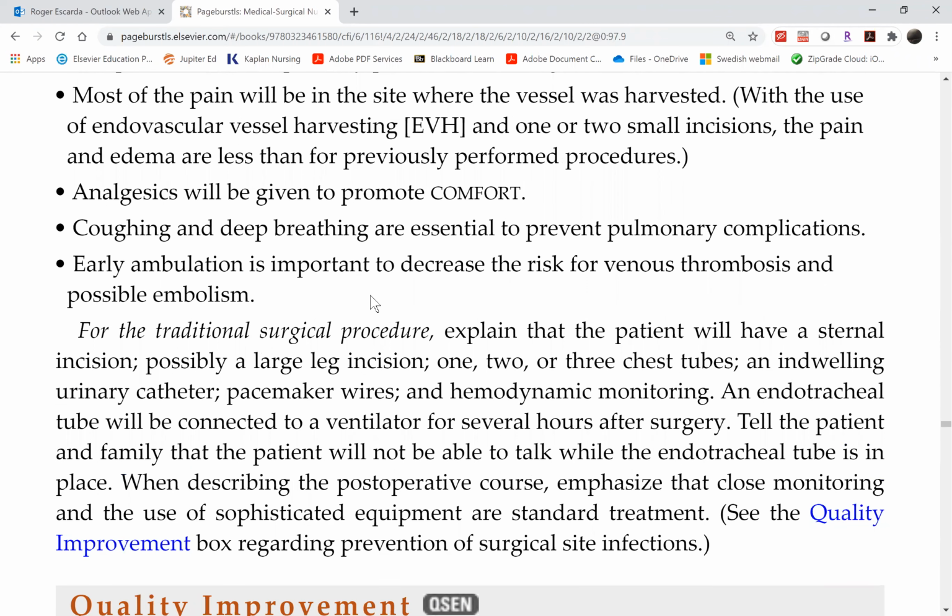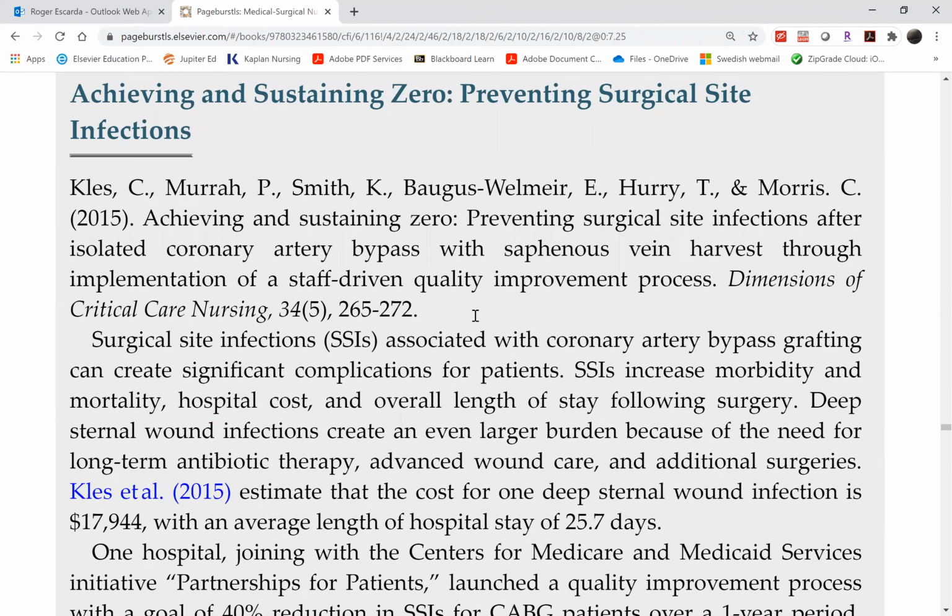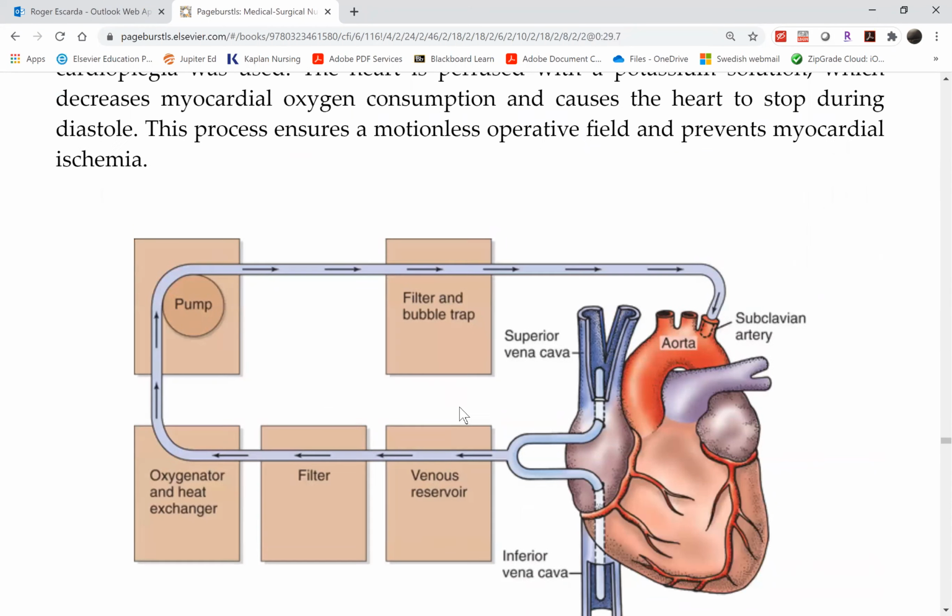For post-op, of course, you crack the patient's chest open, you crack the sternum open, the ribs, access the heart, open the pericardium. So, of course, there'll be a lot of drainage there. So you will put chest tubes, and because you put the heart through this machine here, the heart-lung bypass, the patient's heart stops and circulation is done by the machine.